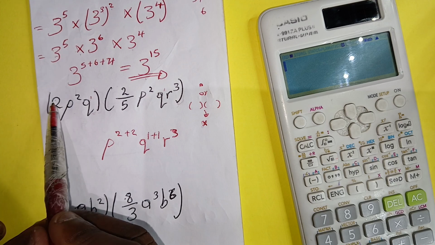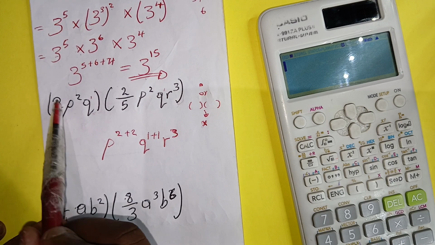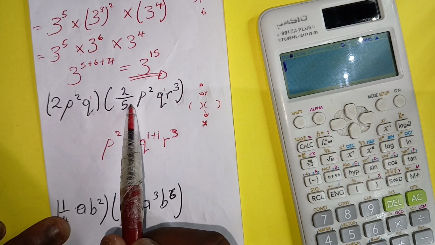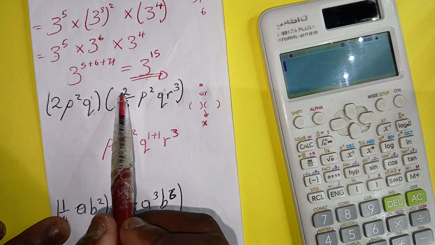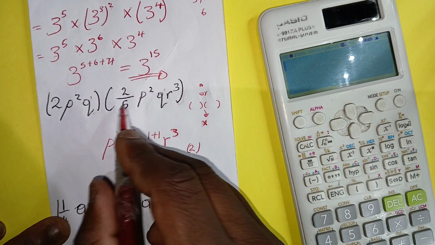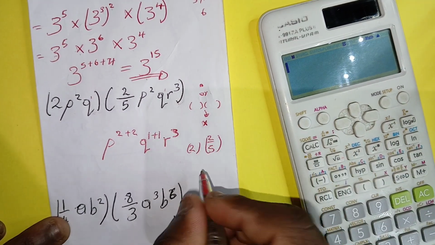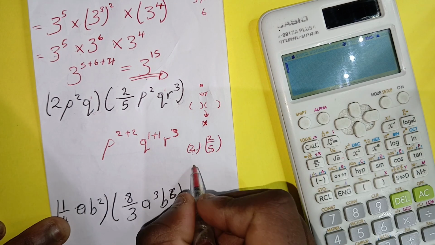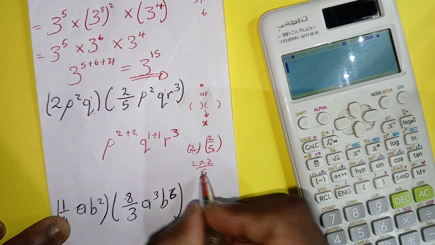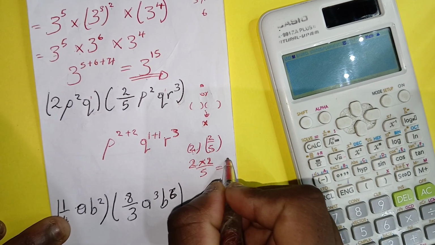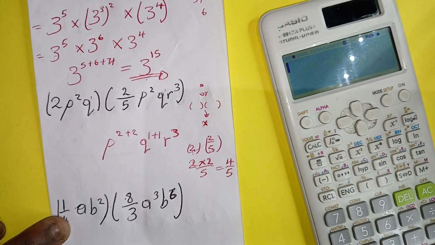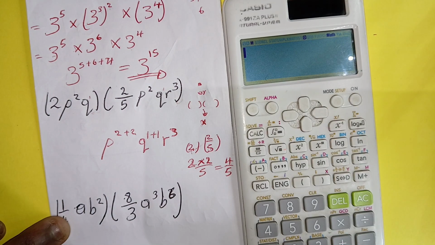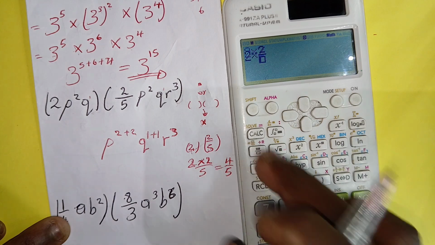Another thing I want to tell you is that anything which is not a fraction, when you multiply it to a fraction, will multiply upwards. Like if I multiply 2 by 2 over 5, it will go upwards, become 2 times 2, which is 4 over 5. But if you feel confused, you can just say 2 multiplied by 2 over 5.